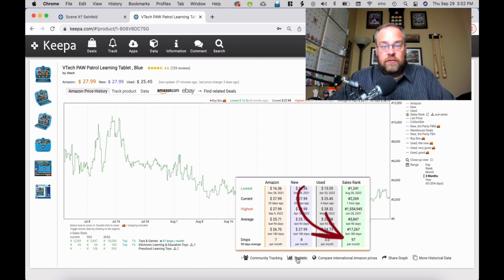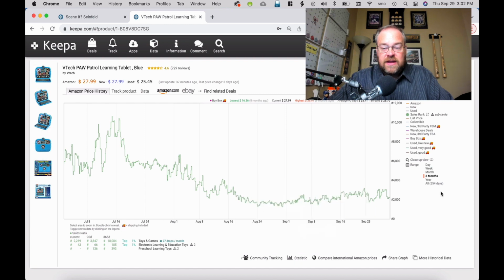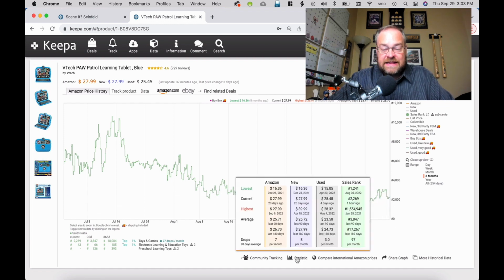Now it might even be more than 97 sales a month because the sales rank is so close to number 1, this is just so many sales. So it could potentially mean 400 sales a month, but we just know it's at least 97. We don't know what the maximum could be, but we know at least 97.